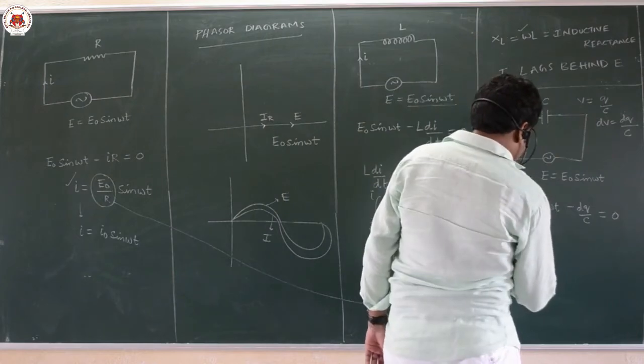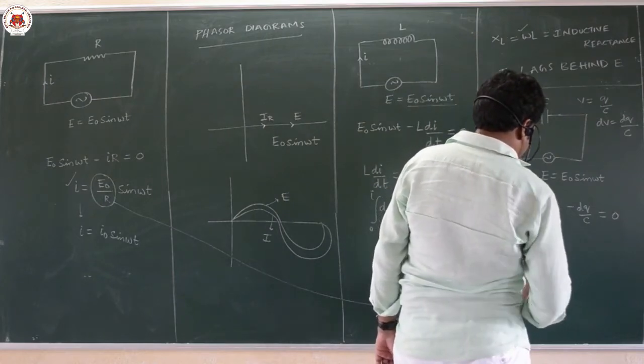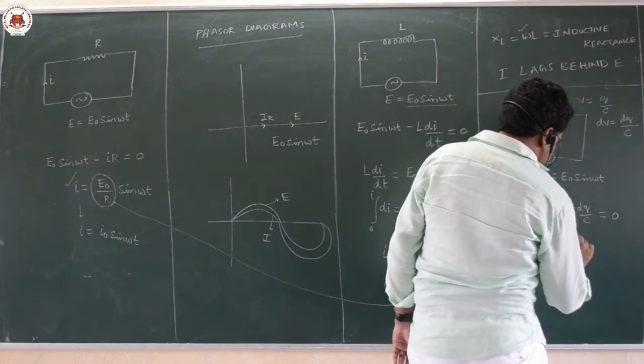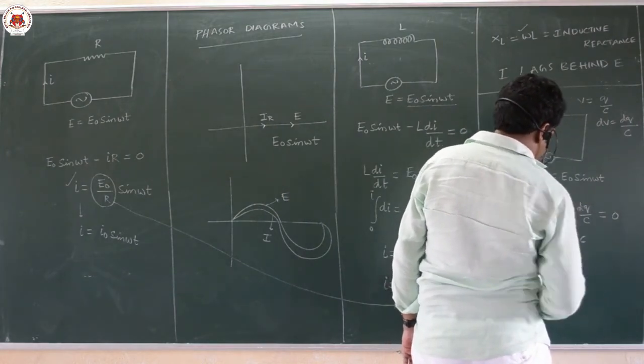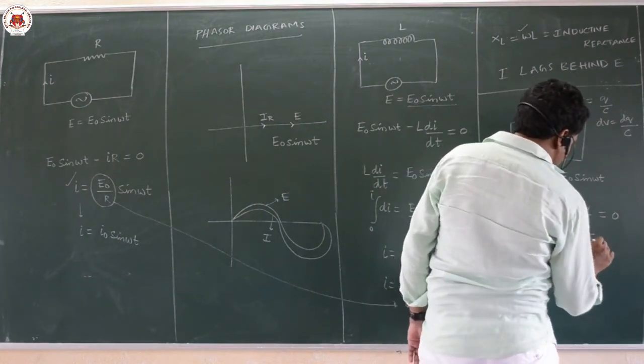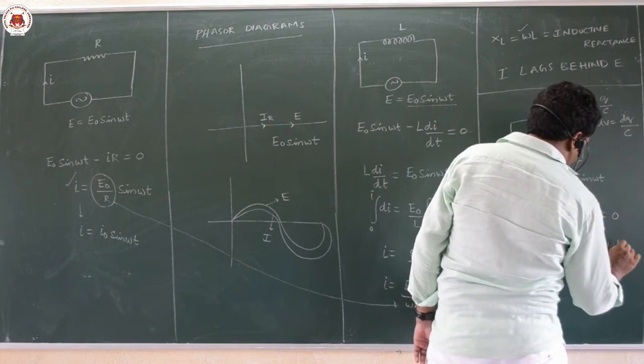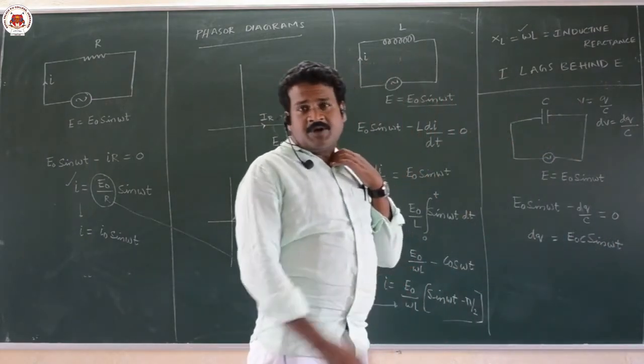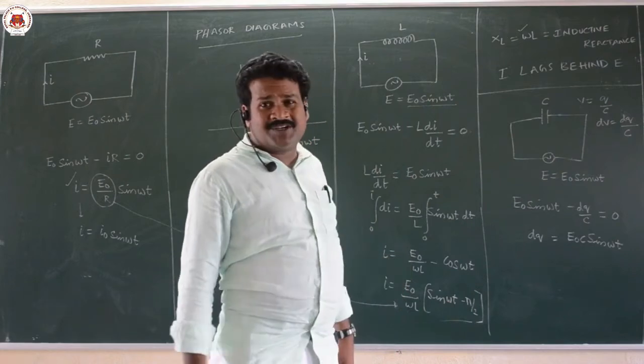From this, we can write Q is equal to E naught C sin omega t. This is the value of charge. I want current now.